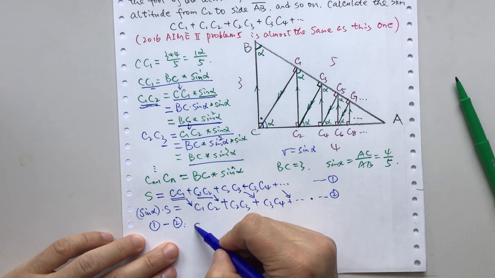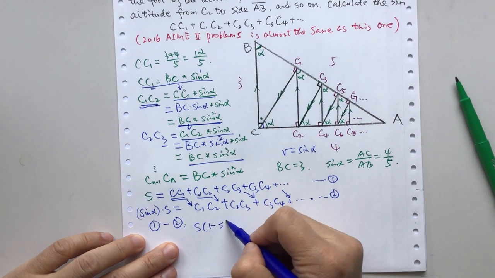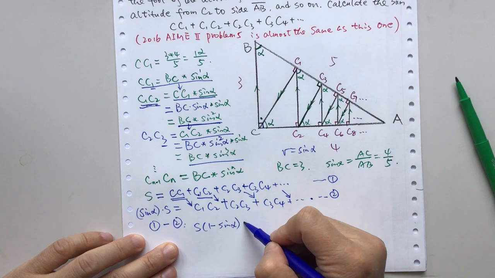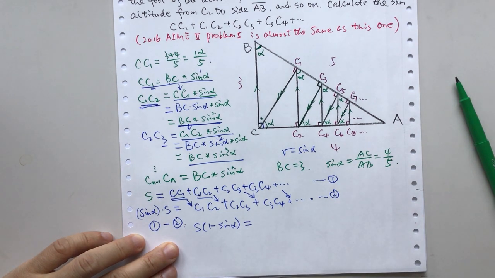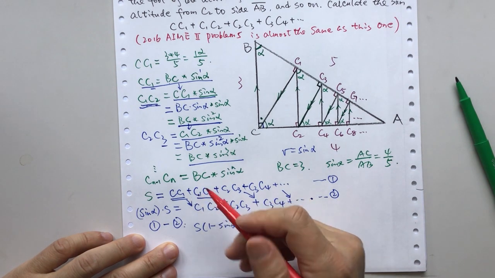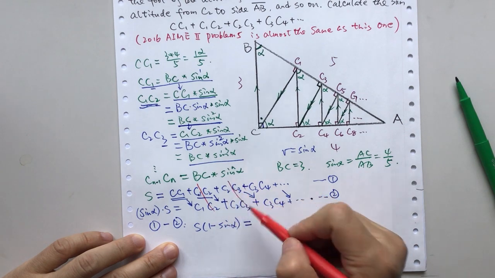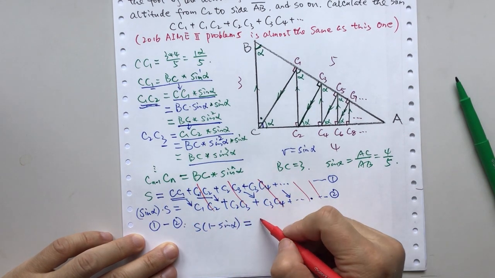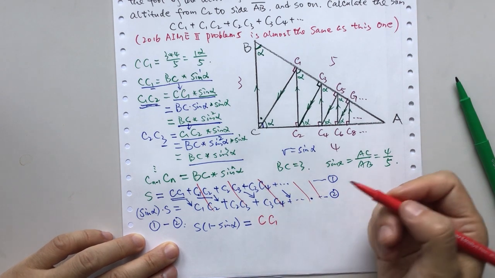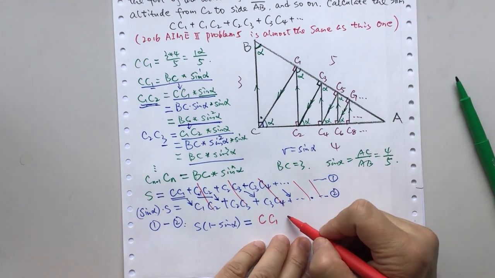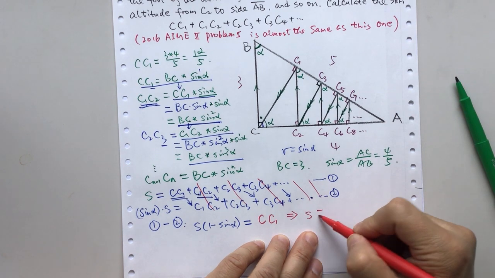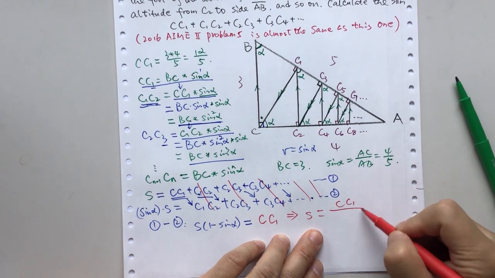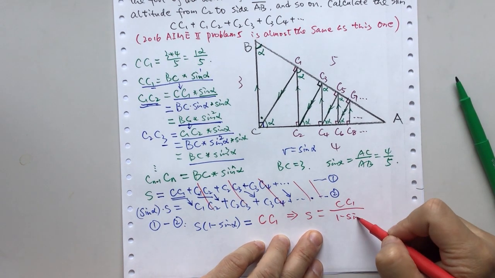We will get S times 1 minus sine alpha equals, so all of them cancelled, right? And here only C1 was left. Then we will find S equals C1 over 1 minus sine alpha.